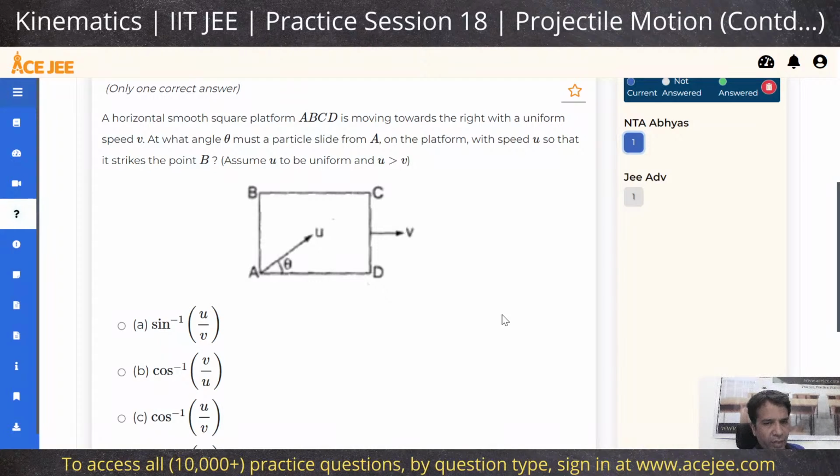Looks like they are talking about this u with respect to the ground.